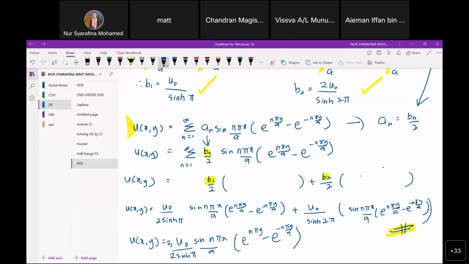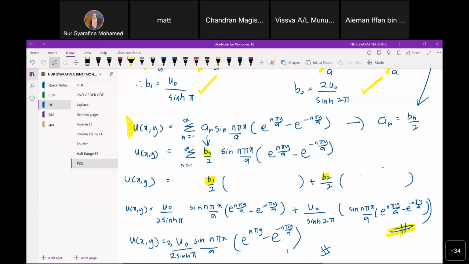So this is a simplified version of the final expression of the question. Understand or not? Yes. Because the given condition is only up to 2 expressions, you just need to stop at n equals to 2. This is just the idea of how we simplify the expression.